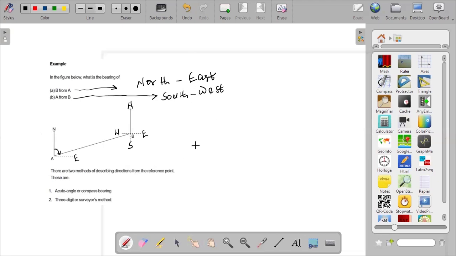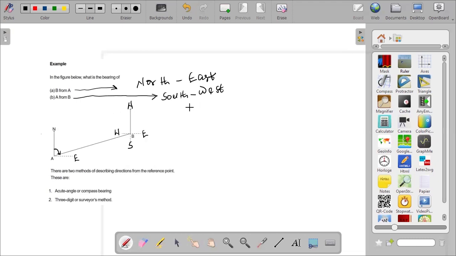Now, there are two methods of describing the directions from the reference point. One is acute angle or compass bearing, and the other is three-digit or surveyor's method. Acute angle or compass bearing is when you report the angular measurement only with either southeast, northeast, or northwest, all of that.